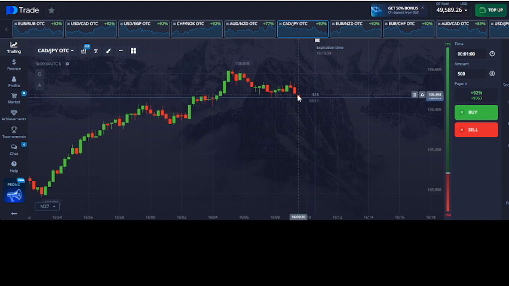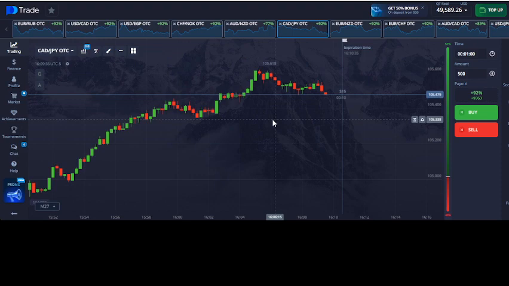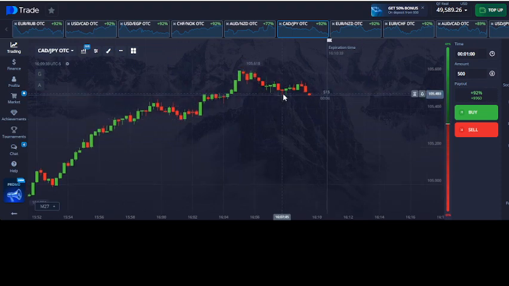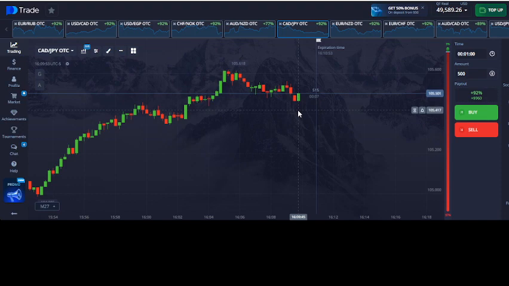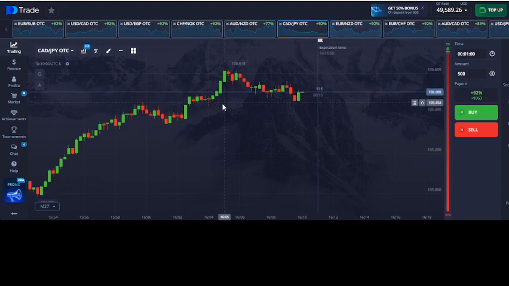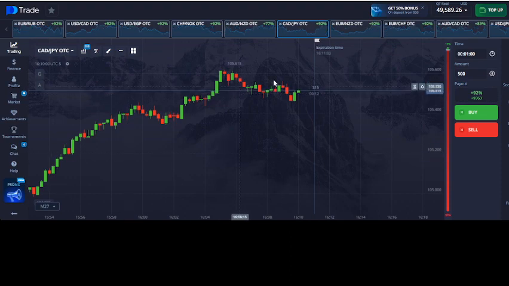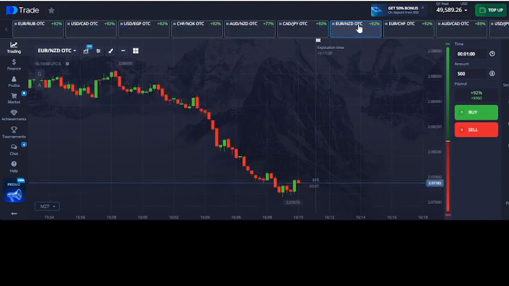We have a gap here, but we also have a level of support here. Let's monitor this for a second, see if it continues to push downward. All right, let's move on from that. It's probably consolidating now. There was a bullish trend, but it's consolidating here. So let's look for something better.